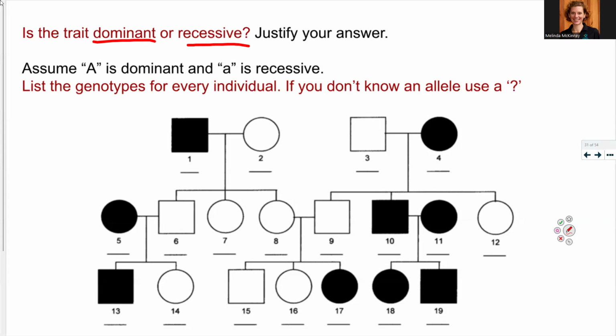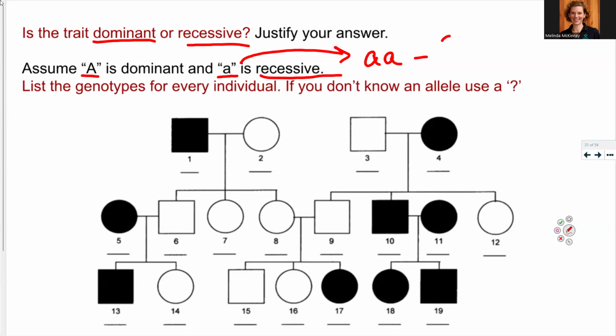And we're going to assume capital A is dominant, lowercase a is recessive. And then you could have a question like this. So the easiest place to start is, you know, that if you have two lowercase a's, that is homozygous recessive. And that means that they are going to express the recessive trait, right? So it's the phenotype.